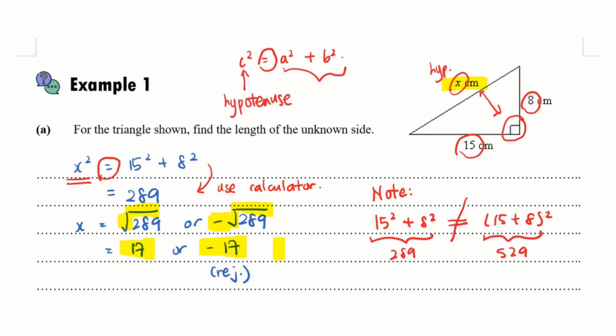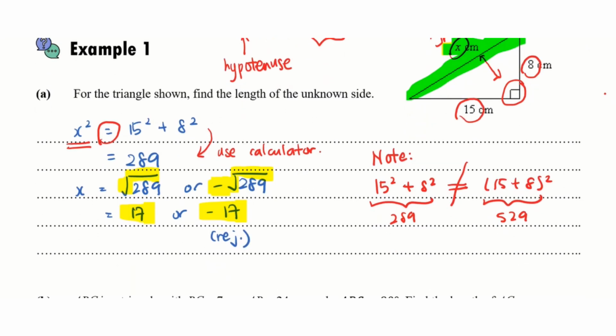But because x is actually the length of a triangle, we know that length definitely cannot be negative. That is the reason why we have to reject. So you must write this down. The bracket rej dot, we just write it in short form, to reject negative 17. By rejecting, it doesn't mean that you don't need to write it. You got to write everything that I have written in blue over here.